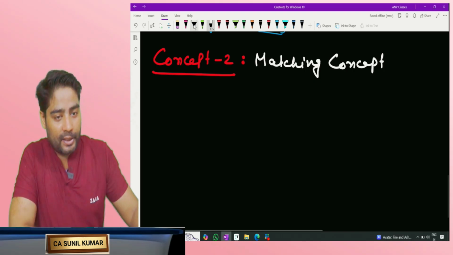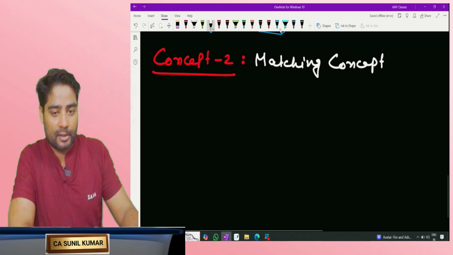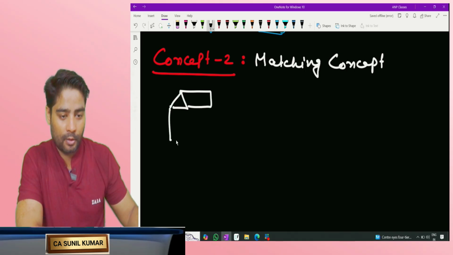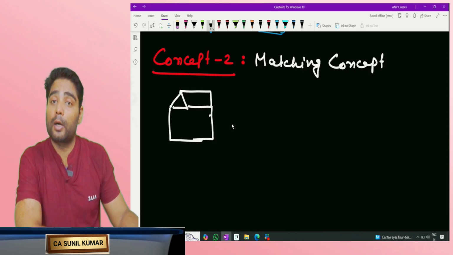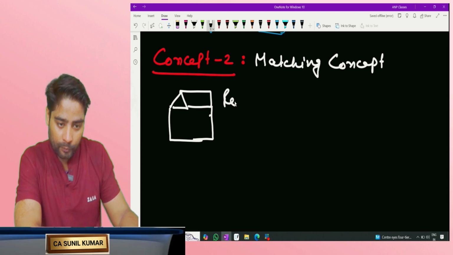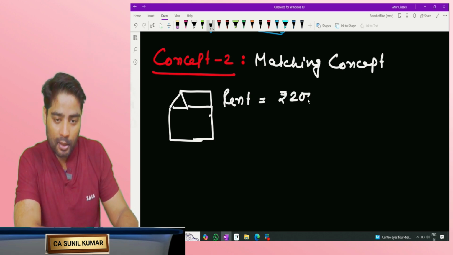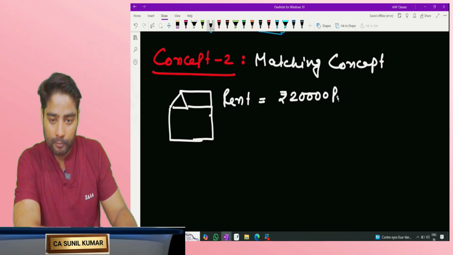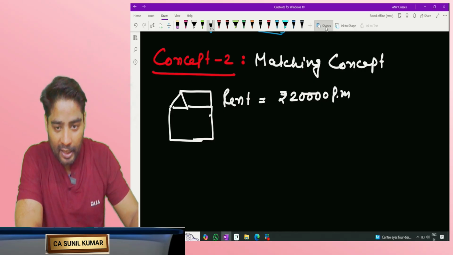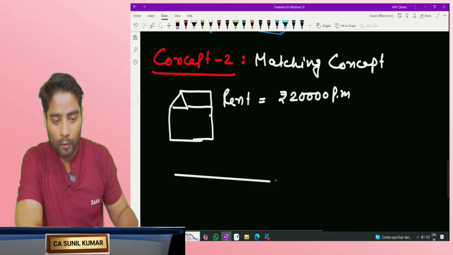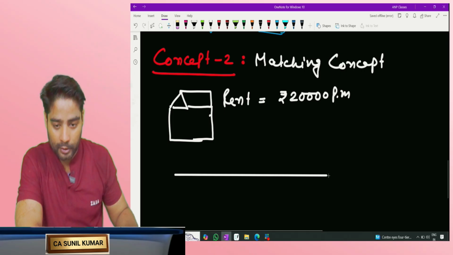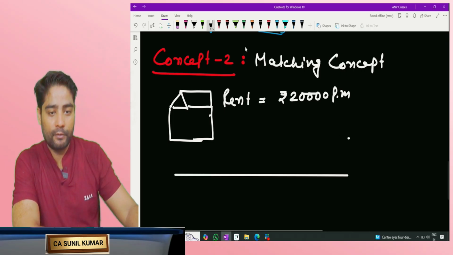For example, let us take an example. Don't write that example. Suppose I took a house on rent, and the rent is rupees 20,000 per month, and I have taken that house for the year 25, 26.